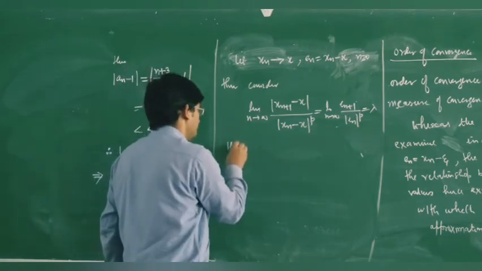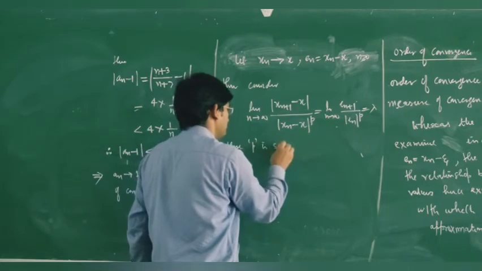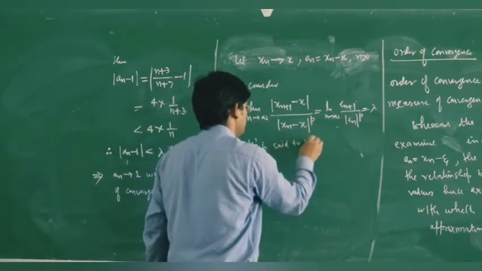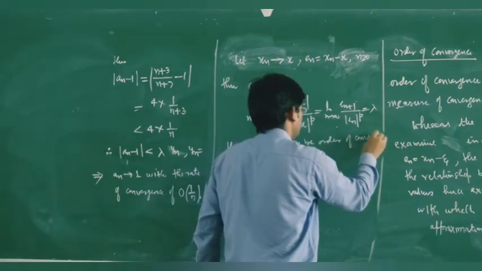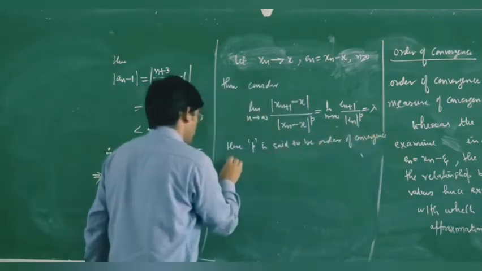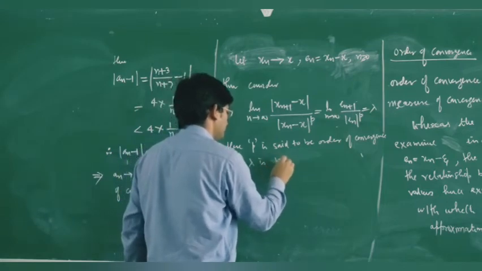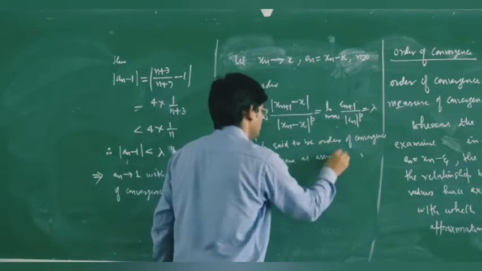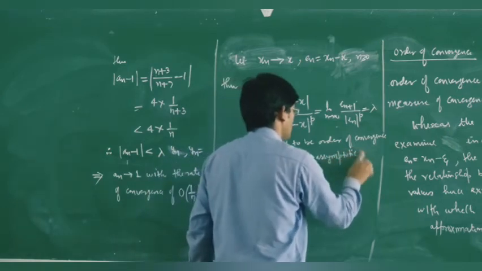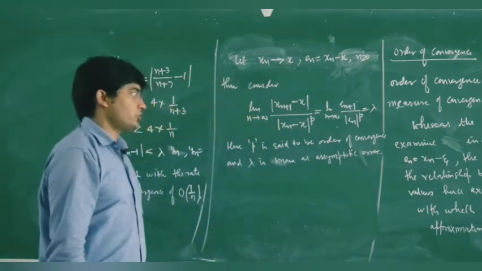Here p is said to be the order of convergence, and lambda is known as the asymptotic error.